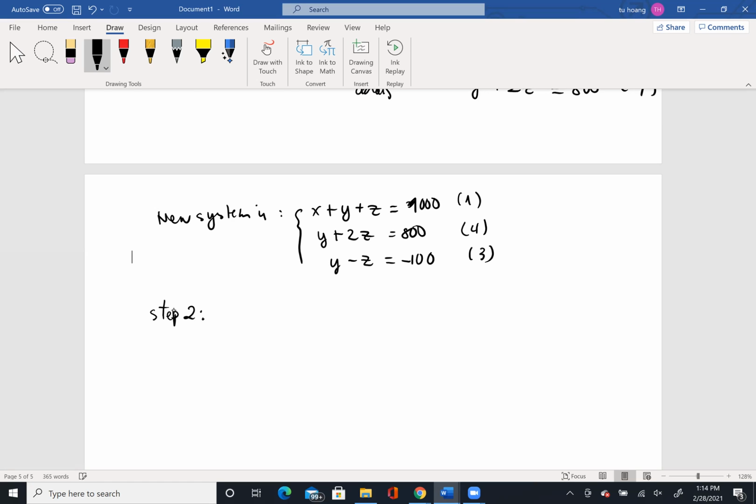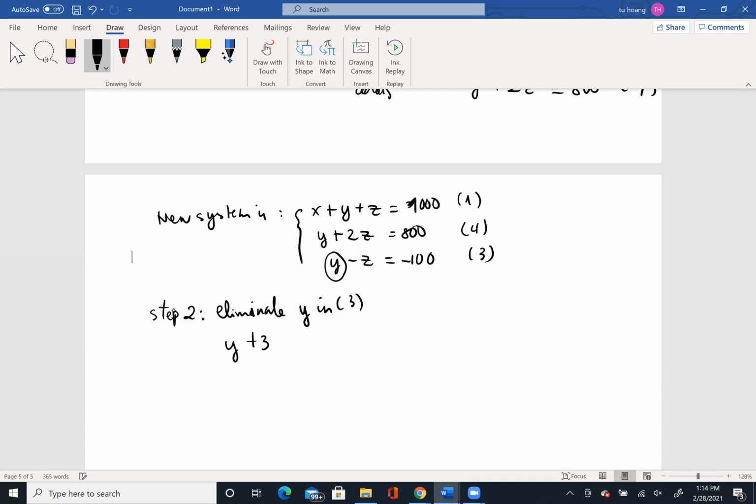I need to eliminate variable y in equation number 3. Eliminate y in 3. Okay, so what I do is I'm going to use equation 4 and equation 3 to do that.